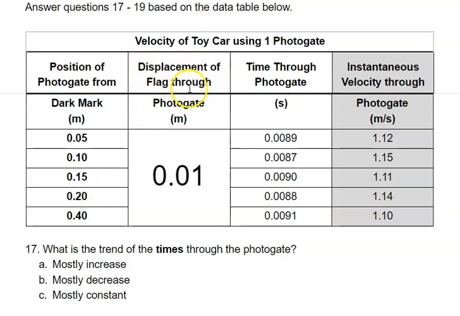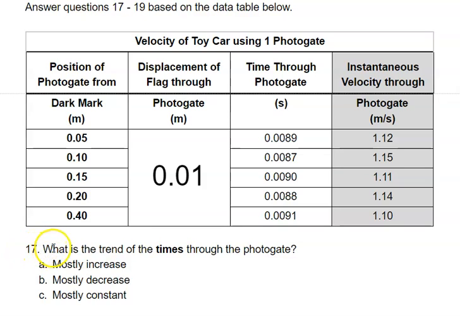Displacement of the flag through the photo gate in meters, this number. Time through the photo gate in seconds, these numbers. Instantaneous velocity through photo gate in meters per second, these numbers.